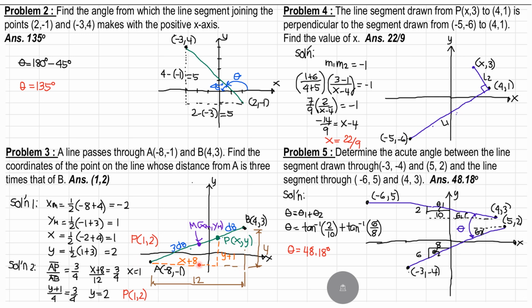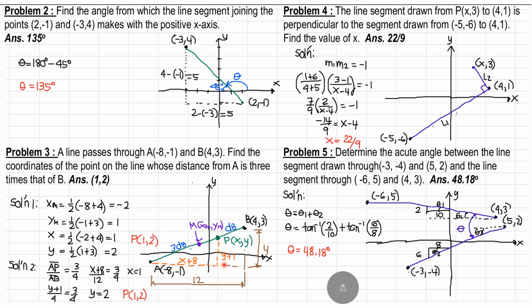For the horizontal projection, right x 4 minus left x negative 8, so that's 12. For the vertical projection, that's upper y 3 minus lower y negative 1, 3 minus negative 1, positive 4. So therefore, if we call this point P x comma y, this is upper y minus lower y, negative 1. Y minus negative 1 is y plus 1.